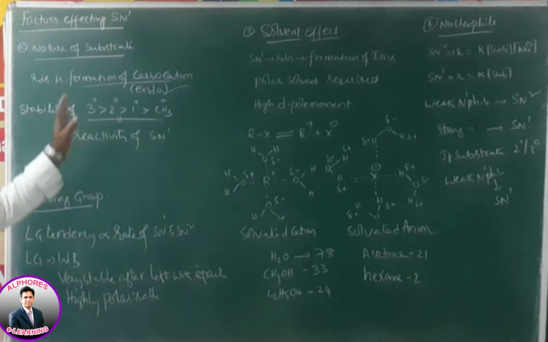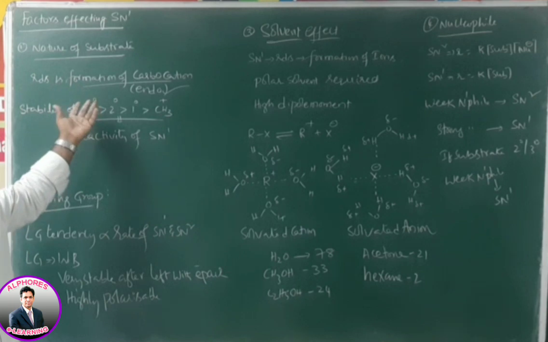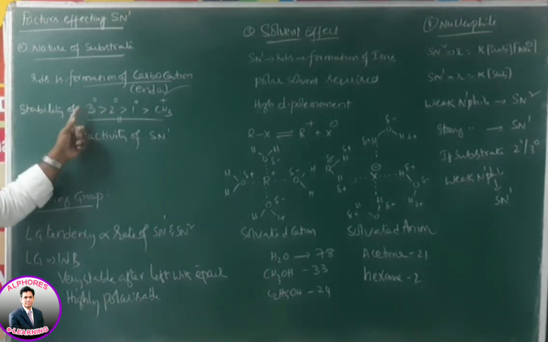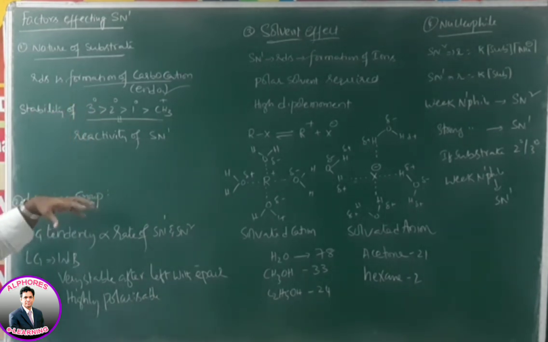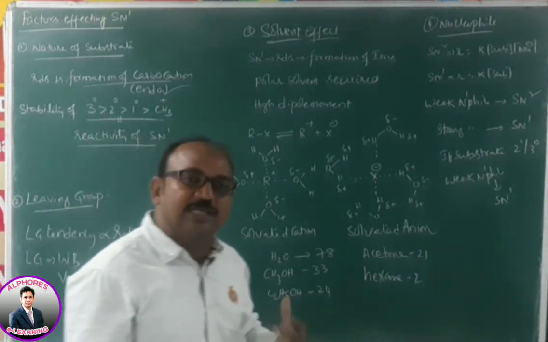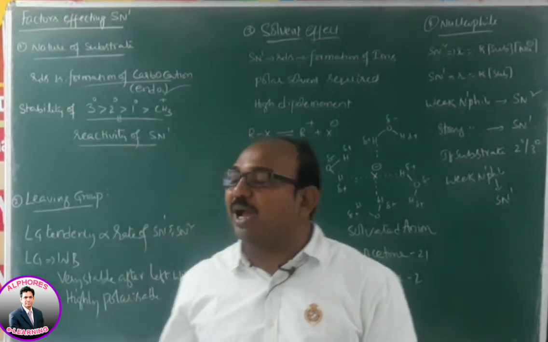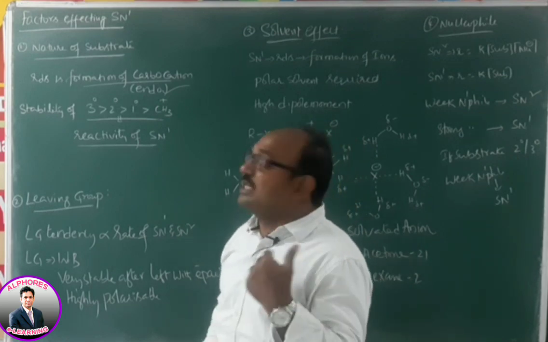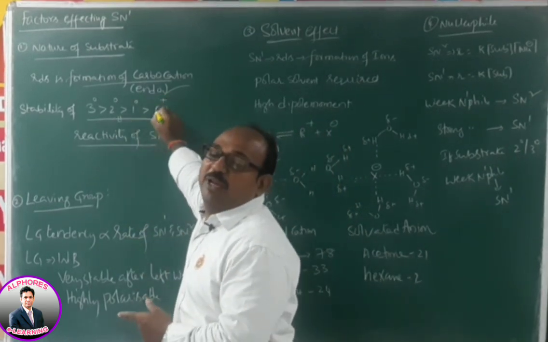Because of the more stable carbocation, you are getting the major product. When the tertiary carbocation is more stable, whatever you get from that tertiary carbocation is the major product. So the reactivity order of SN1: tertiary alkyl halides, because they can produce tertiary carbocation, then secondary, then primary, and methyl last. So for nature of substrate, tertiary greater than secondary greater than primary greater than methyl.